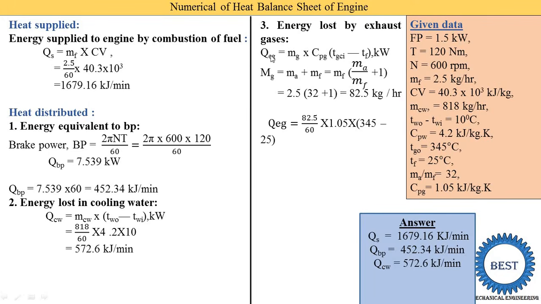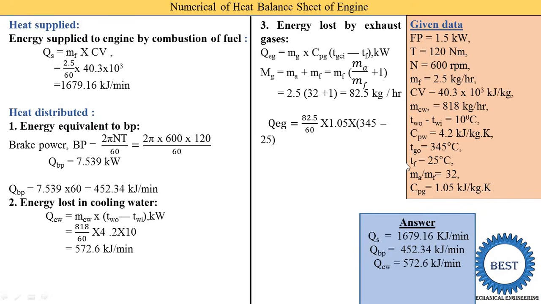Now we put this value in the equation of QEG. So mg is equal to 82.5, it is in hours, so again we need to divide it by 60. Cpg is given, 1.05 kilojoule per kg Kelvin, and the temperature of exhaust gas is 345. This temperature of exhaust gas is directly supplied to the calorimeter, so by default it is the input TGI.